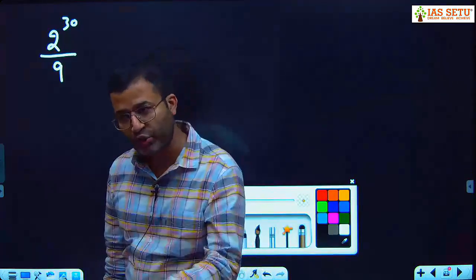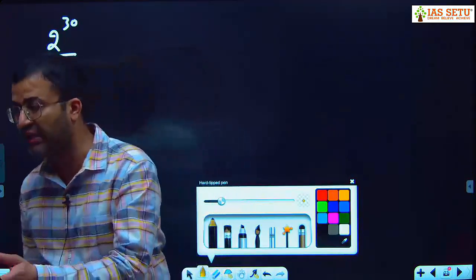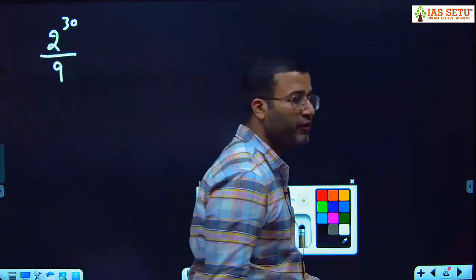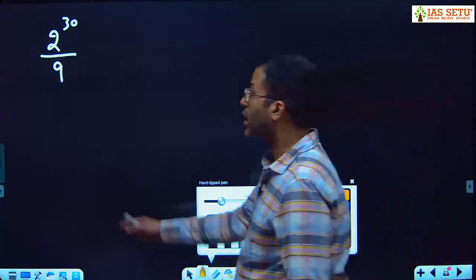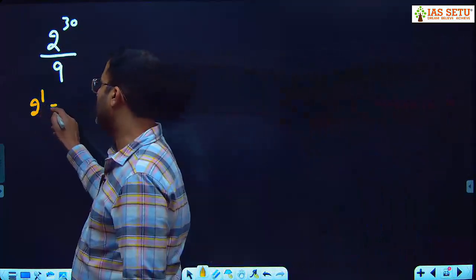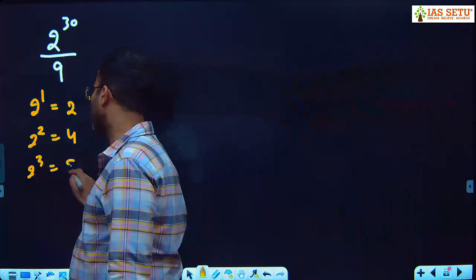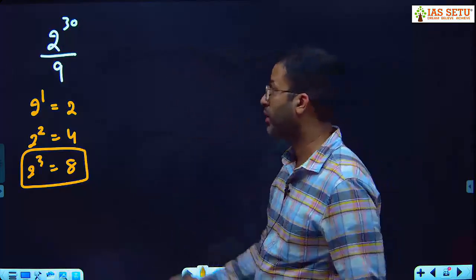If it is 1 extra, that gives +1. If it is 1 less, it gives you -1. Our preference in remainder theorem is to use +1 or -1. So here 2 to the power 1 is 2, 2 square is 4, 2 cube is 8. 8 will help you. I will tell you how.